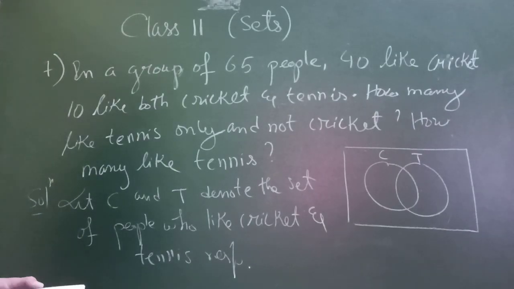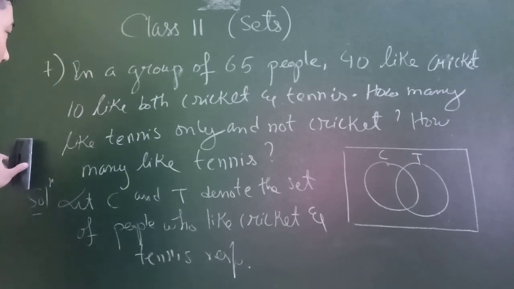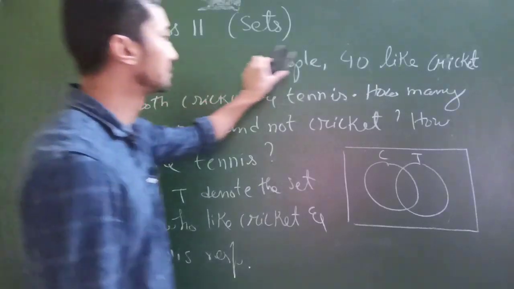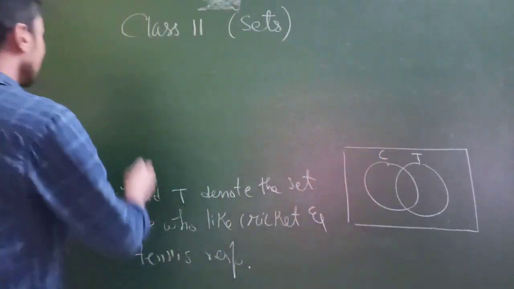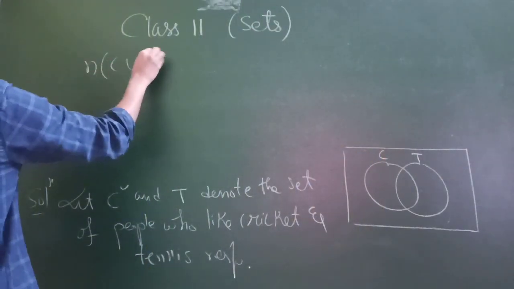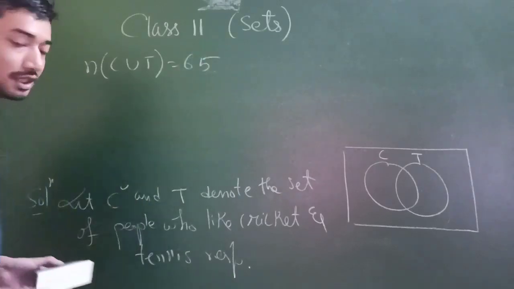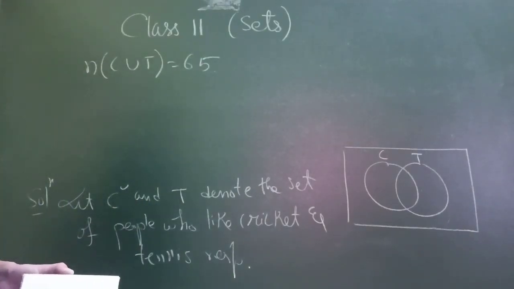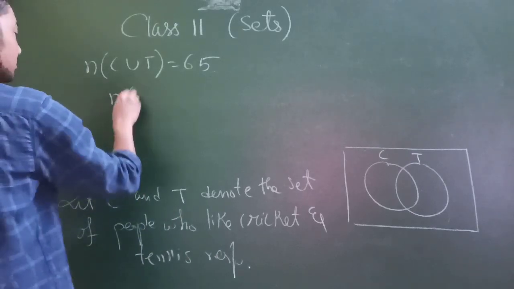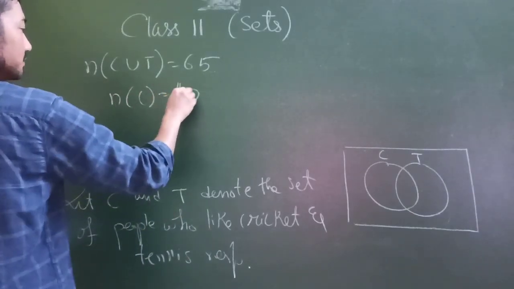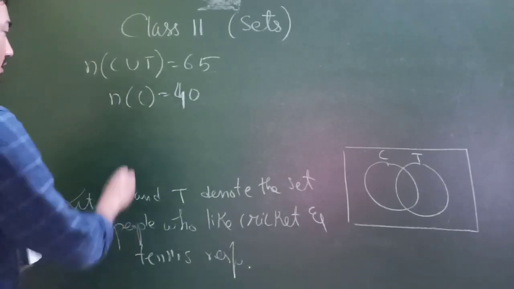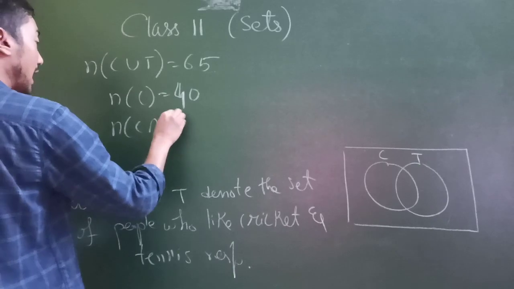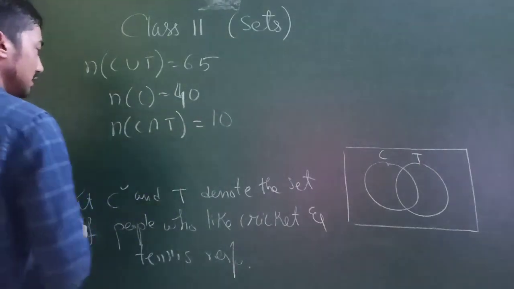So in a group of 65 people, I'm going to rub the question now. In a group of 65 people, that is cricket and tennis, 65. 40 like cricket. 10 like both cricket and tennis.